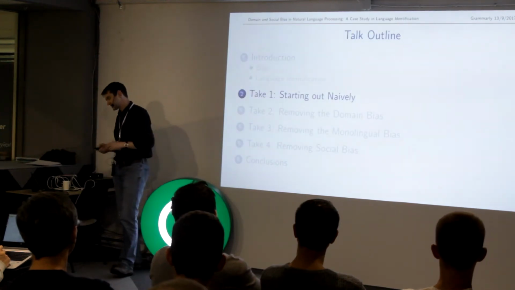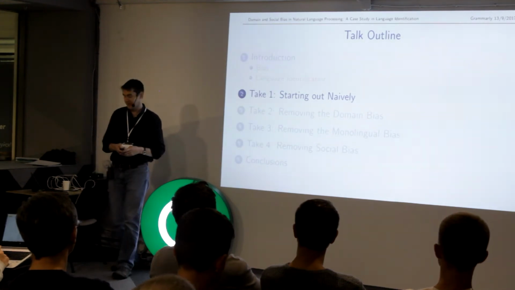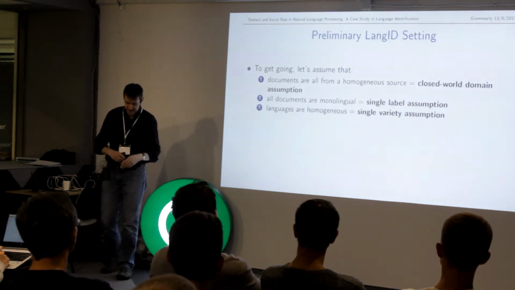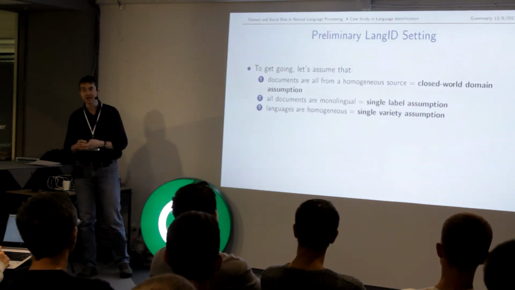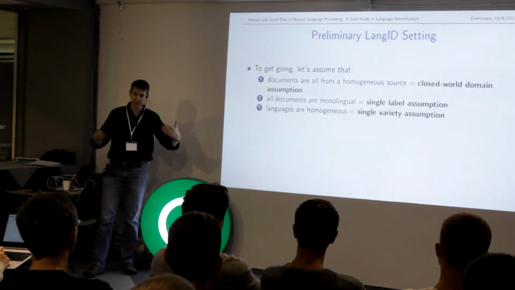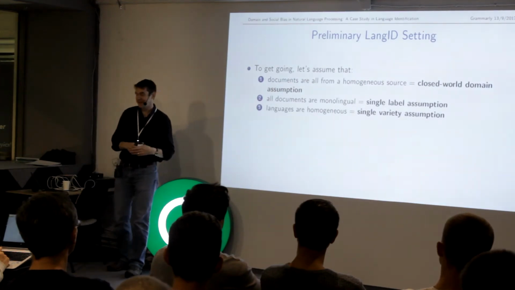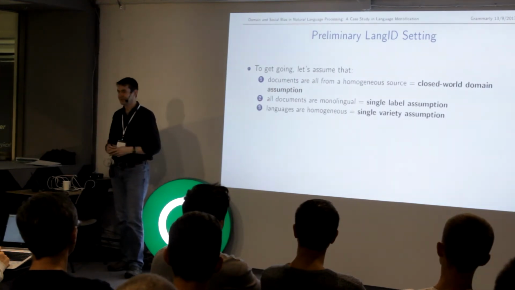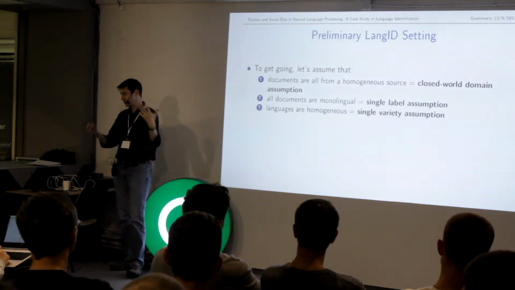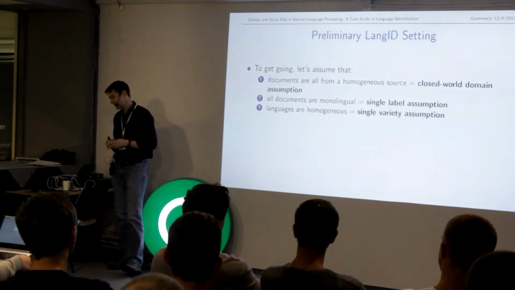Okay, so let's start out naively, forget about all these bias remarks that I've made and just see what happens. So we're going to start building models for language identification, and we're going to make some assumptions just to make it a more tractable task. They're going to be harmless things, we hope. So we're going to assume first that everything comes from a homogeneous source. Surely that's not such a bad assumption to make.